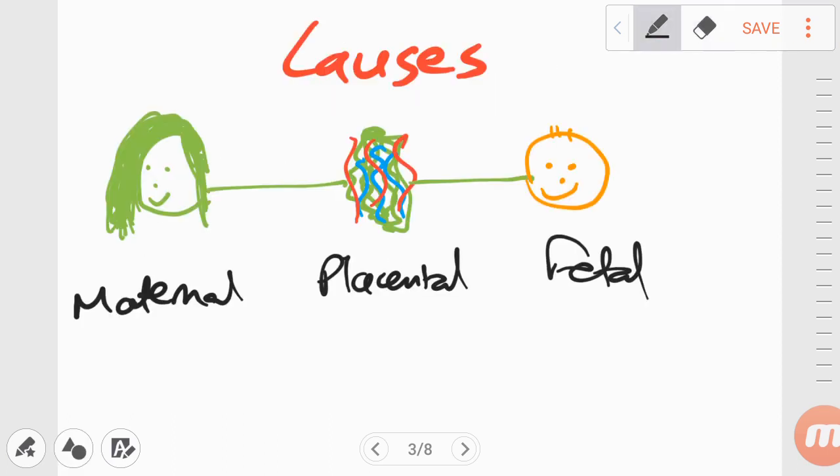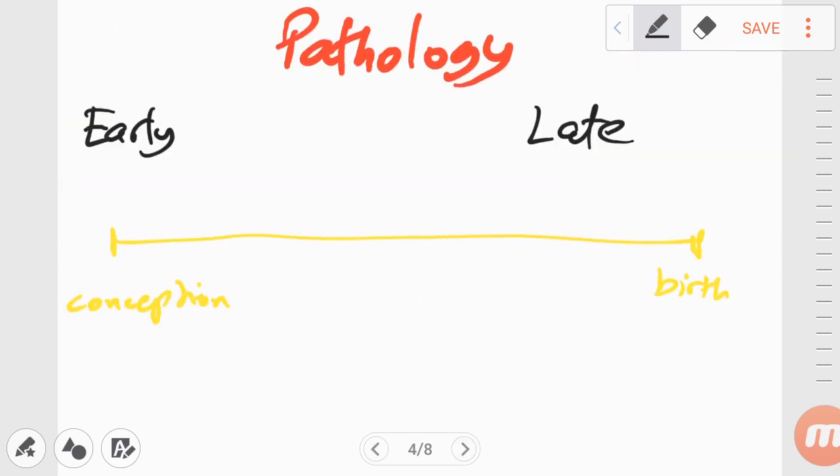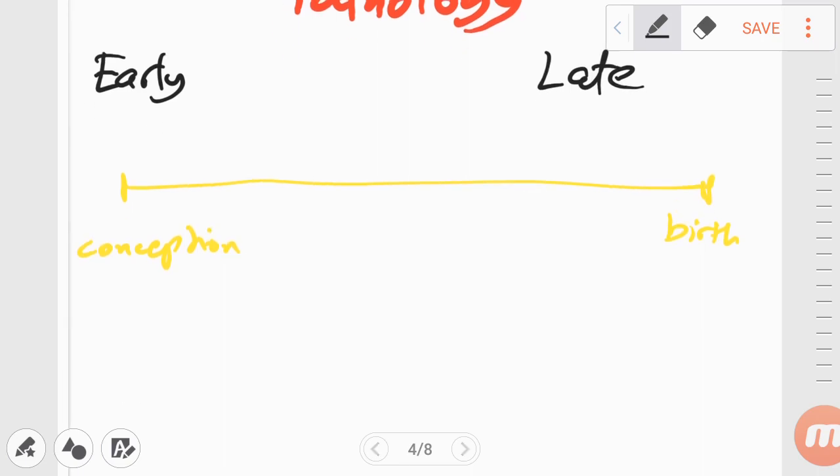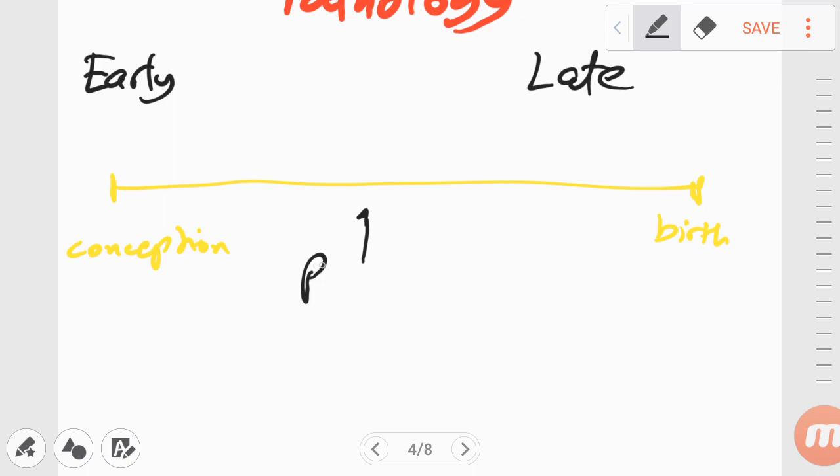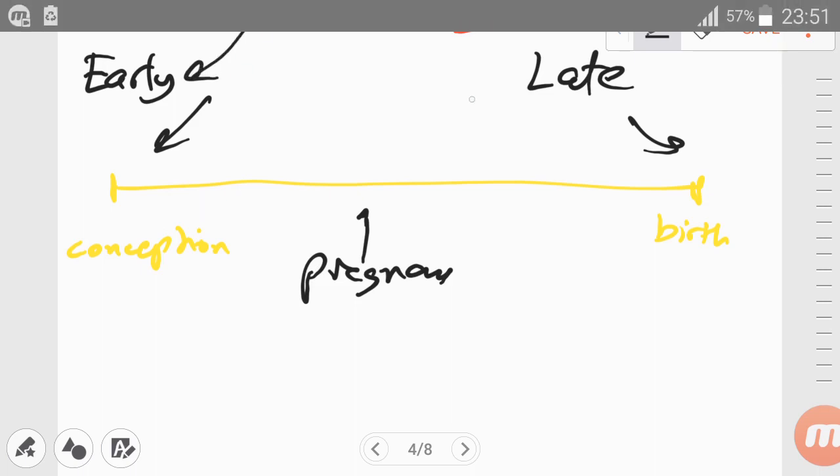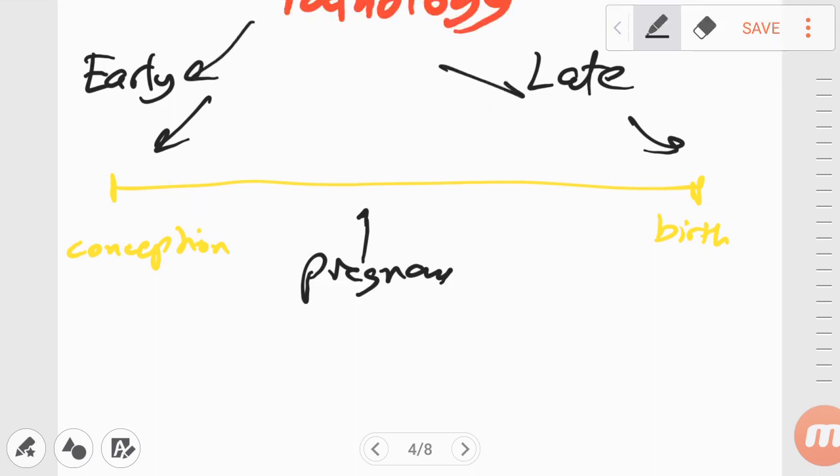Now that we're done discussing the causes of IUGR, we can move on to how the early insult is different from the late insult. What I mean by that is, let's say this is the entire pregnancy, right? It is from the beginning till the end. So if the insult happens during the early pregnancy, it has different outcomes as compared to if the insult occurs in the late pregnancy.